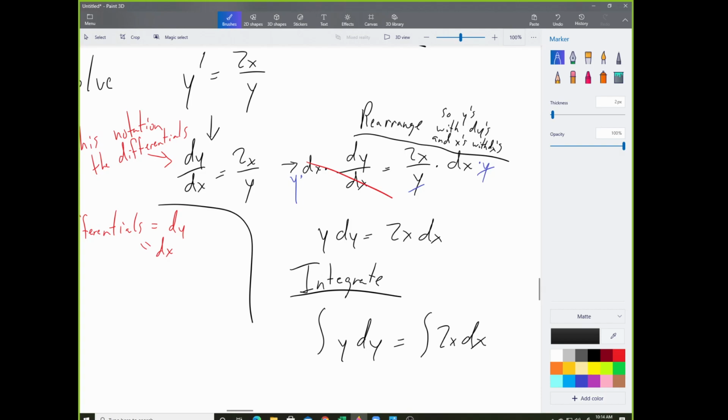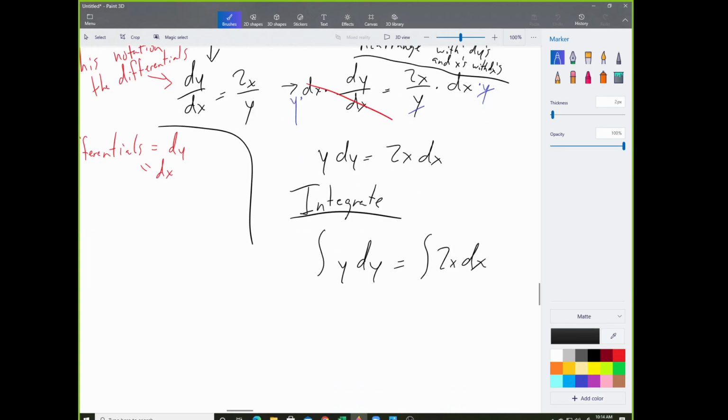And then you're going to follow through on your rules of integration. You do need to put a plus c, but you don't need to put a plus c on both sides because we just consolidate them on one side. I personally prefer to put them on the x side. Plus c on both sides would still add up. You could move the c to the other side and still have just plus a constant.